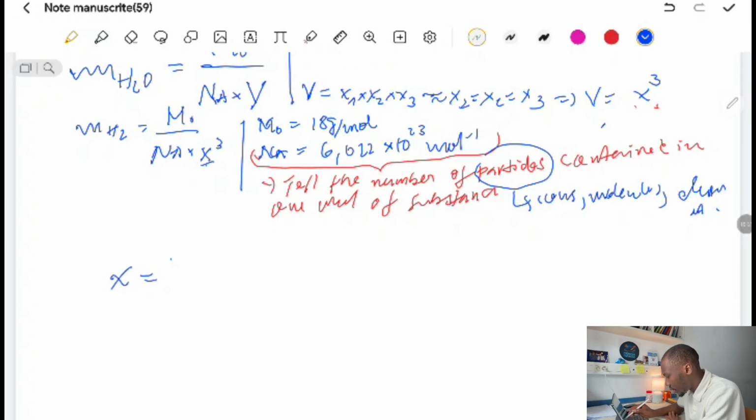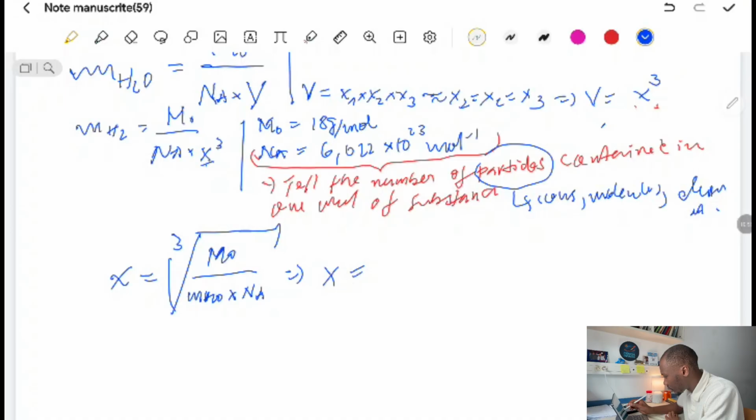Okay. And since we are looking for that distance here, then we say that x would be equal to the cube root of molar mass over mass of the water times Avogadro number. We have our molar mass, which is 18.